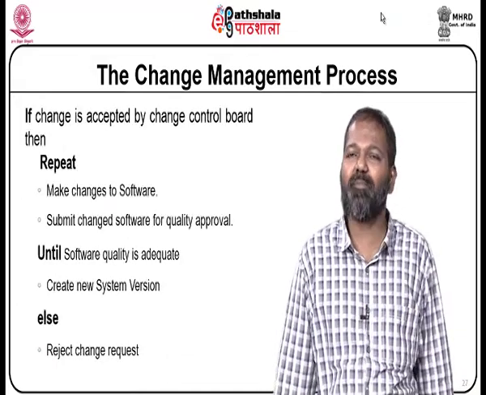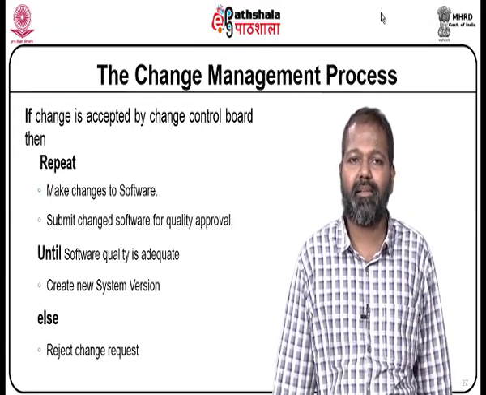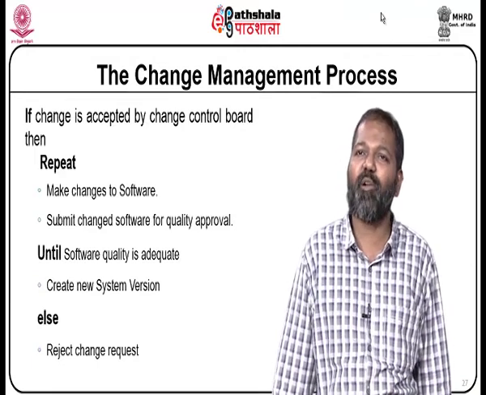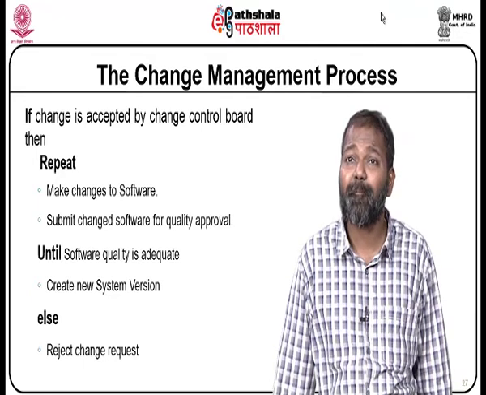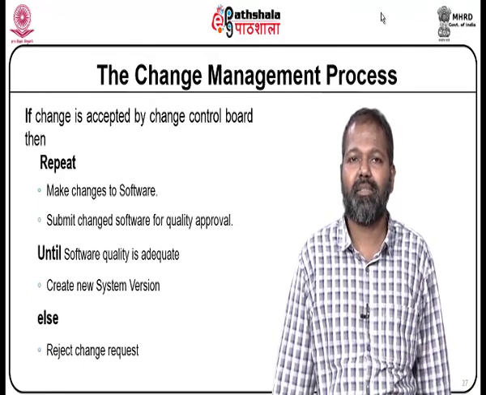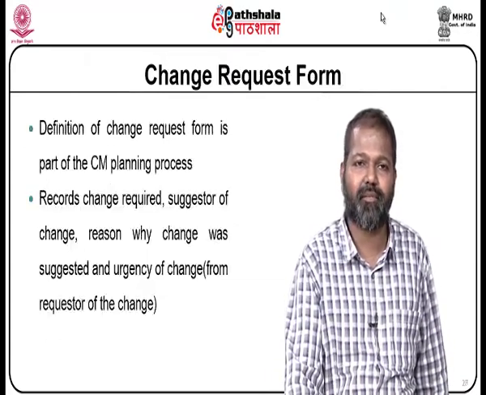If change is accepted by change control board, then repeat: make changes to software, submit changed software for quality approval until software quality is adequate. Create new system version. If the change is not accepted, reject the change request.